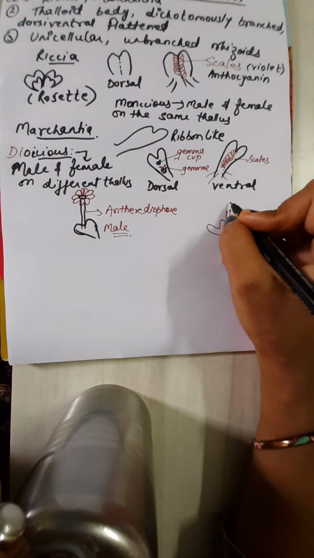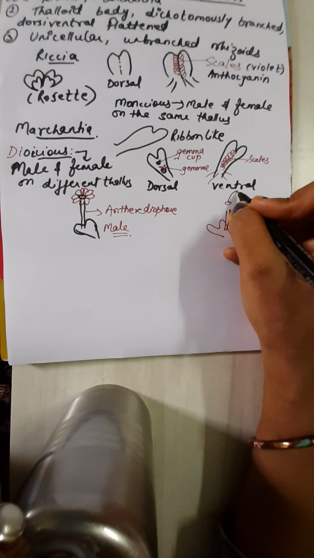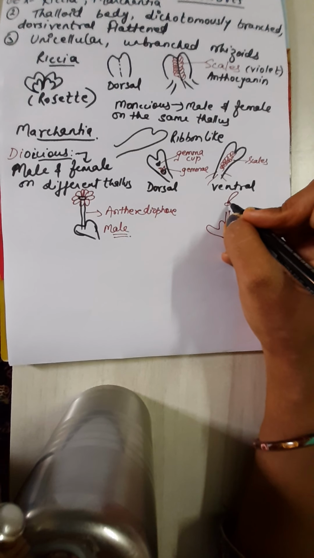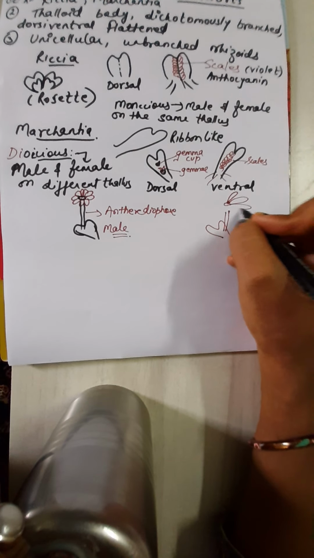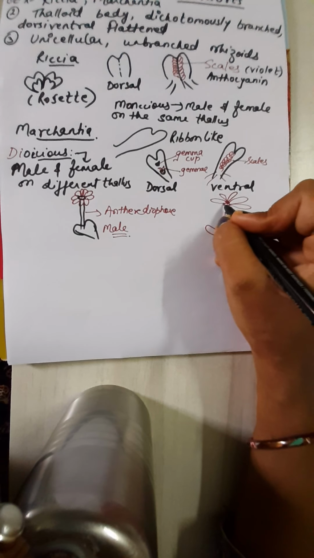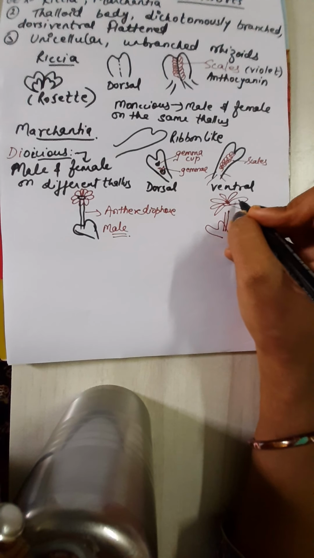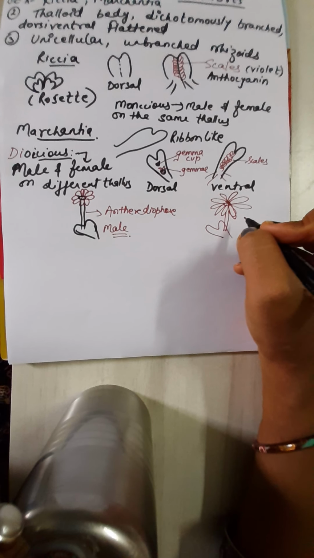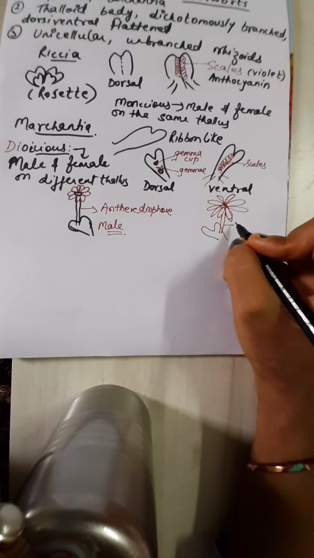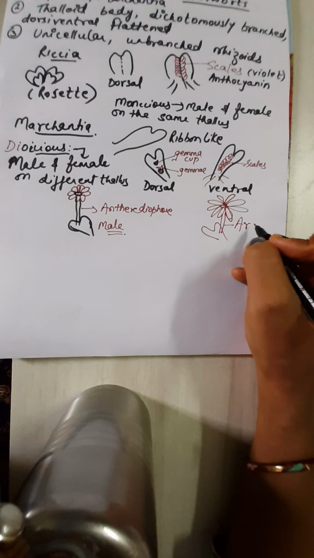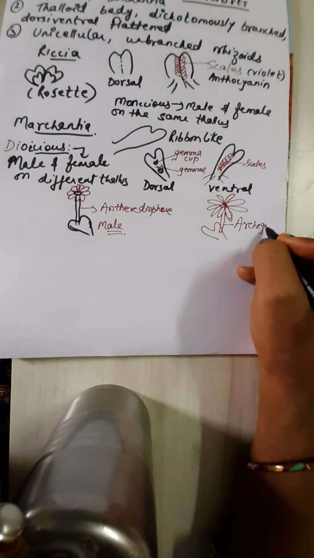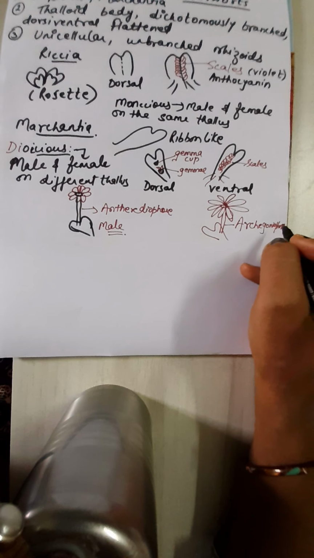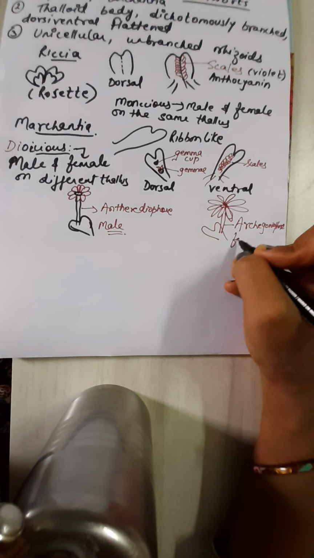Again here a central disc is there, but it will be long and cylindrical. 9 lobes will also be here, but long and cylindrical. It is known as archegoniophore, bearing archegonia, that is egg. It is female.